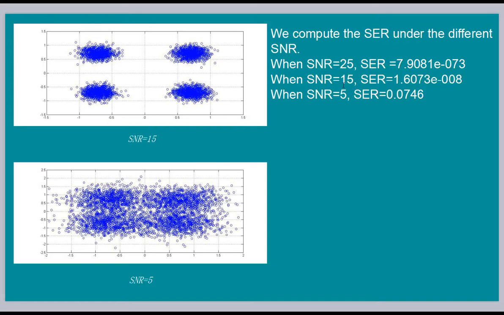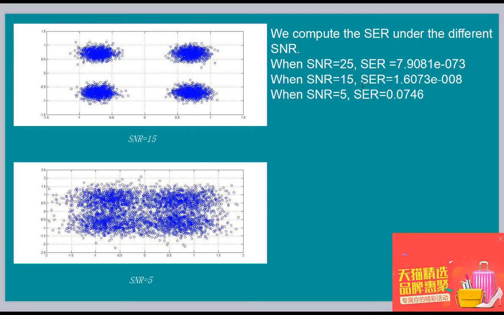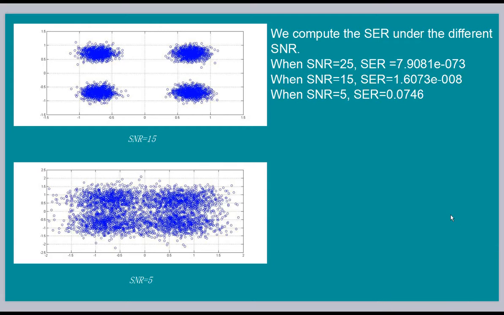When SNR equals 15, the SER equals 1.6 E negative 0.08. When SNR equals 5, the SER equals 0.0746. So it's obvious that while SNR is getting smaller, the SER is getting larger.